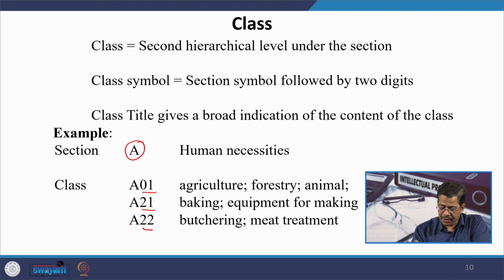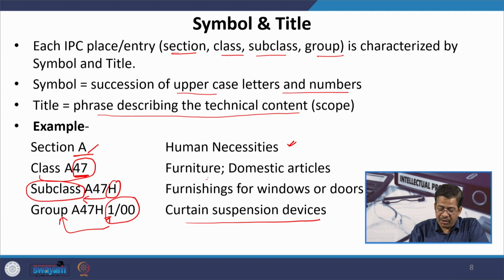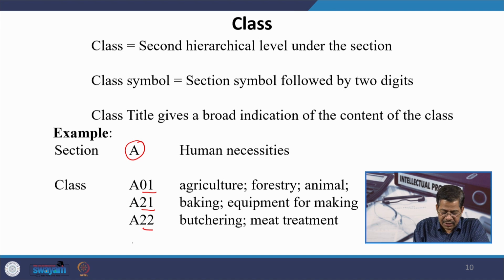Now, 01 is about agricultural, forestry, animal related activities, 21 is about baking equipment for making, 22 is about butchering and meat treatment. So, there may be a long list. We just see A47, which is about furniture and domestic articles. So, you can consider that this list may have many items, it may go up to 47 and more than that also. So, these are the class symbols, which is a 2-digit number.